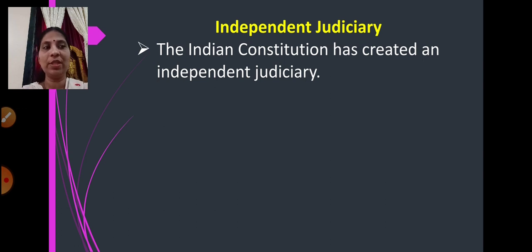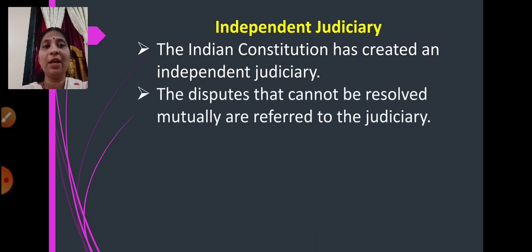Why has this judiciary been created? At times, when there are disputes between two people that cannot be resolved mutually, these disputes go to the court; they are referred to the judiciary.